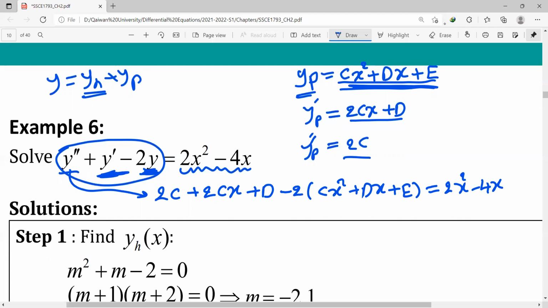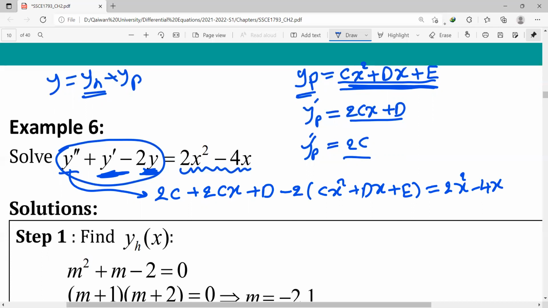We now try to rearrange the left hand side in terms of degrees of x. We're going to write down all x squared together, all x together, and all constants together.